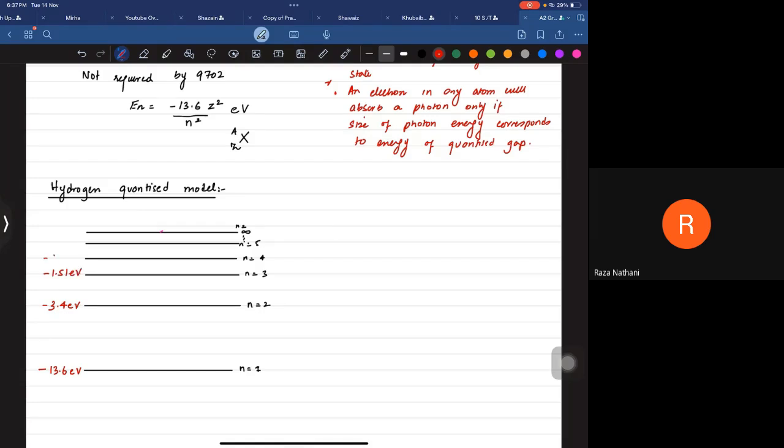This one is minus 0.85 eV. And this one is minus 0.544 eV. They're going to give you these numbers themselves, so you don't have to worry about that.